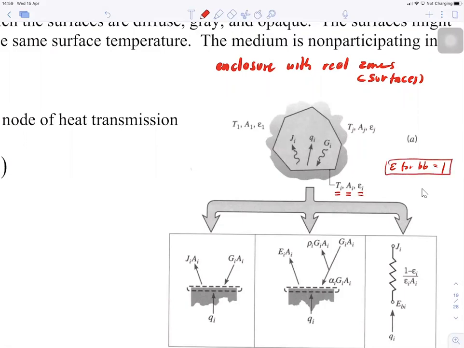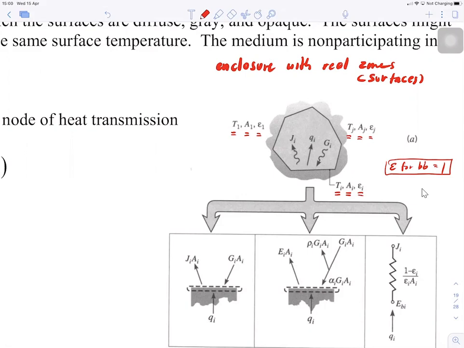And you have a surface J with temperature Tj, area Aj, and epsilon J. Just for the sake of example, if you have the zone that you call zone 1, meaning it's at temperature of T1, area A1, and the emissivity epsilon 1.